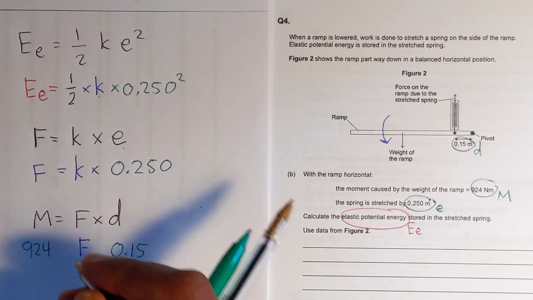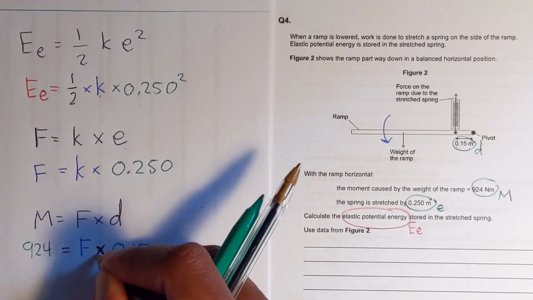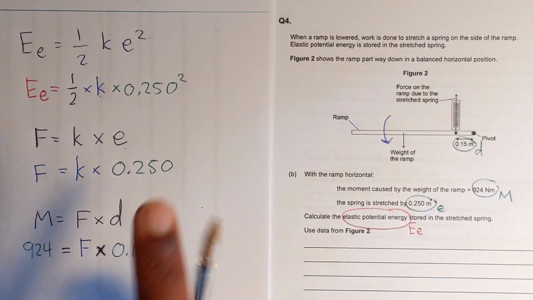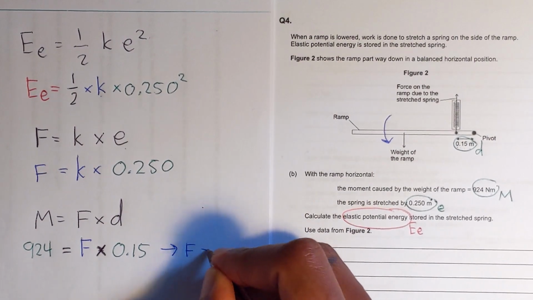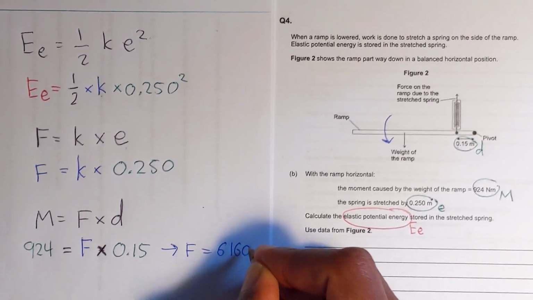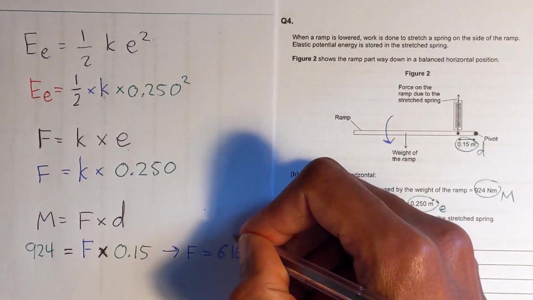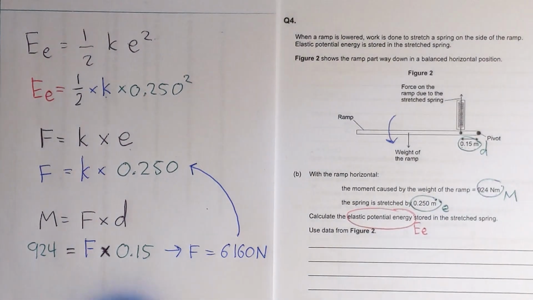Now, rearranging that, if you do it, you should get a value of F that's equal to 6160 newtons, and that number then needs to be substituted into this equation over here.